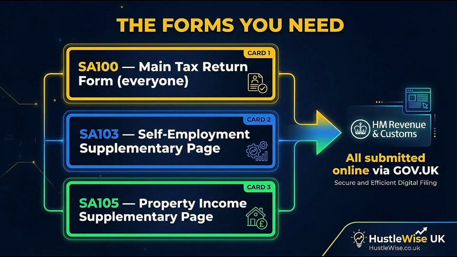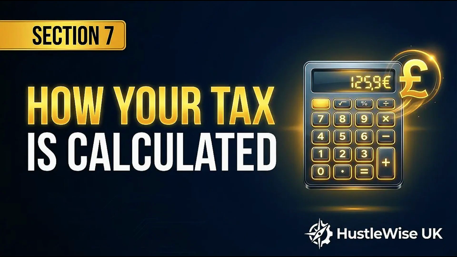Your self-assessment tax is based on your total taxable income for the year. HMRC first deducts your personal allowance, which is £12,570 for 2025 to 2026. Any income below this amount is tax-free. Income above the personal allowance is taxed at the following rates for 2025 to 2026.